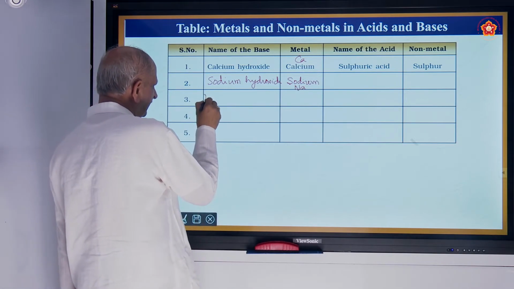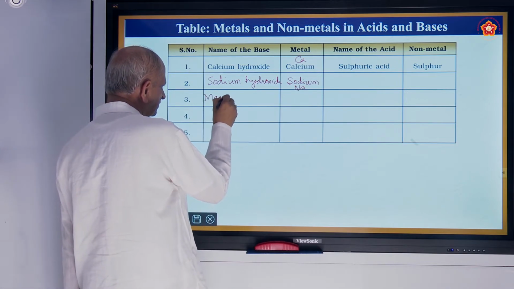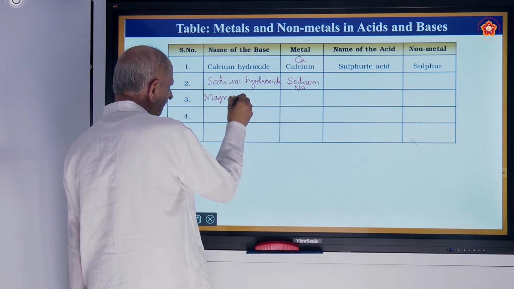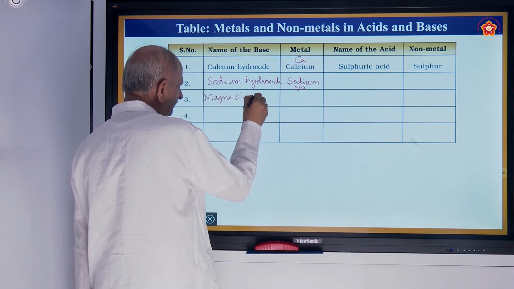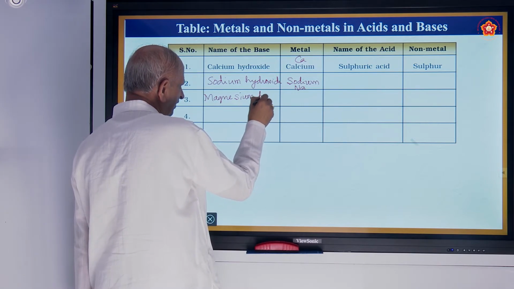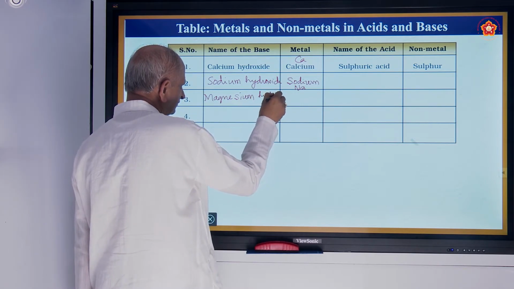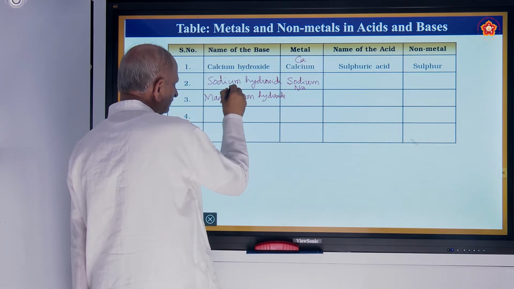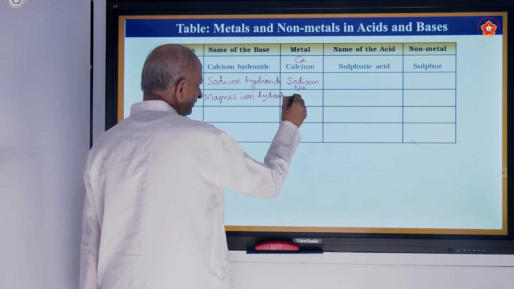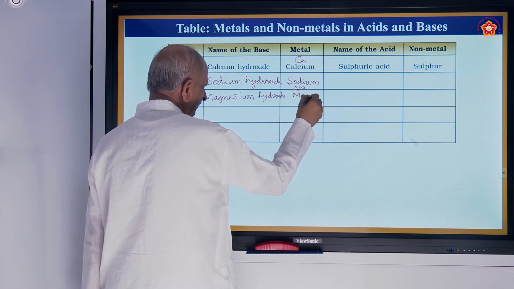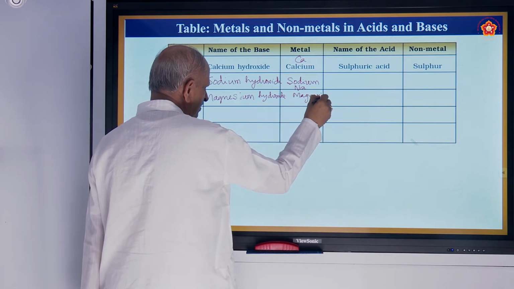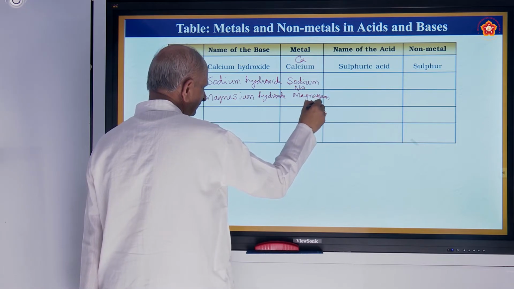Similarly, if you take magnesium hydroxide, its metal is called magnesium, symbol Mg.